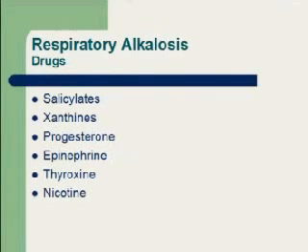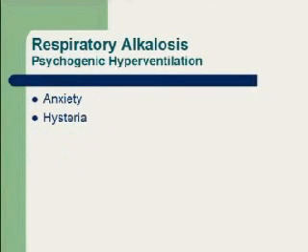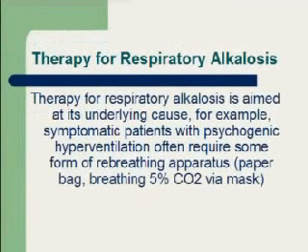In respiratory alkalosis, salicylates, xanthines, progesterones, epinephrine, and thyroxine, and nicotine are used. CNS disorders associated with respiratory alkalosis include tumors, strokes, trauma, and infection. Psychogenic hyperventilation from anxiety or hysteria can also falsely elevate the serum pH.